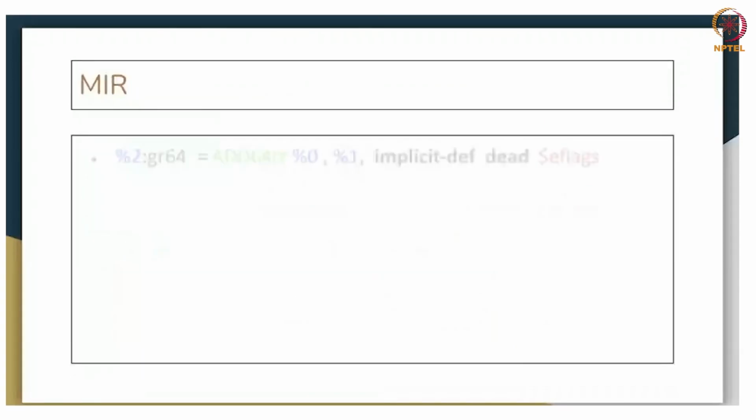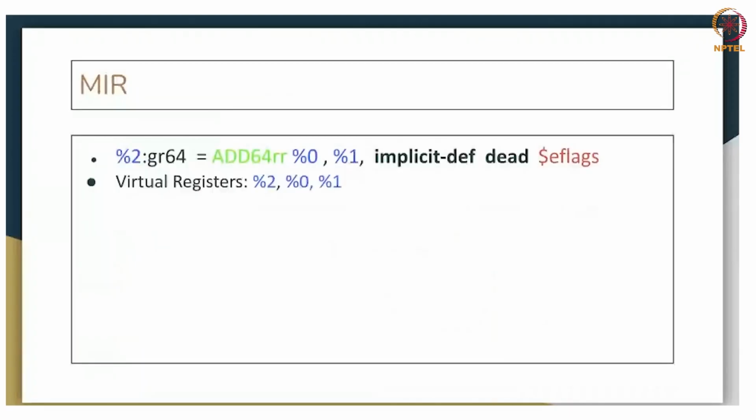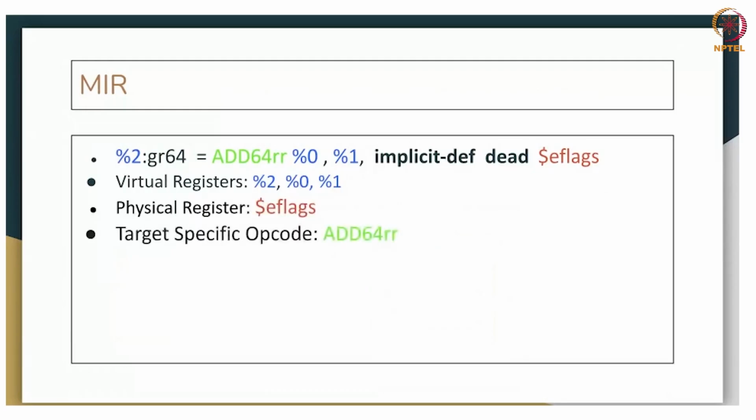The MIR, as I mentioned here, has virtual registers like %2, %0, %1, because we have not done the register allocation, just the instruction selection, like ADD64 here, which is the instruction for the AArch64 machine for addition. The physical register is EFLAGS. There is the target specific code, operand.